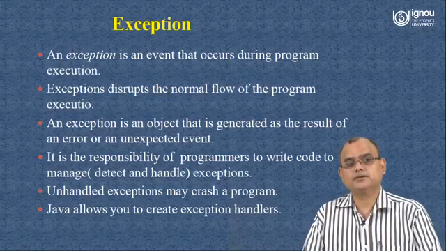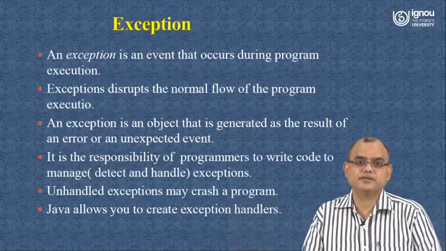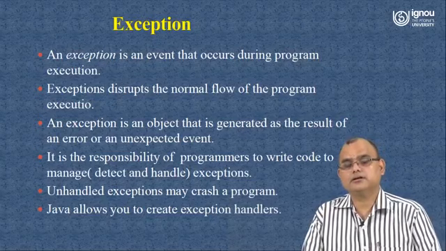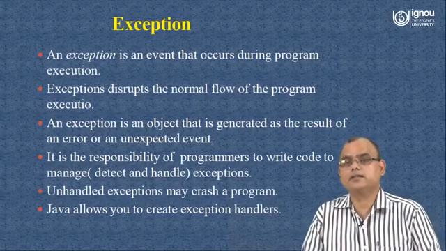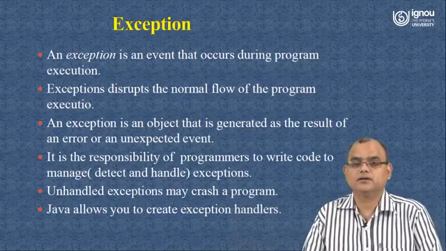As far as the programming aspect is concerned, an exception can be seen as an object which is generated as a result of some kind of error or some unexpected event. Now, if some unexpected event is happening, how can we handle that event? This is the question.